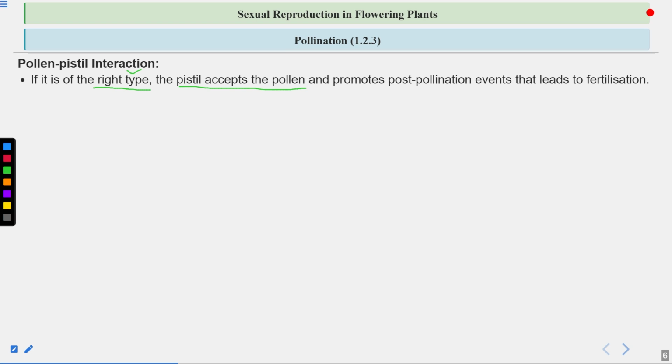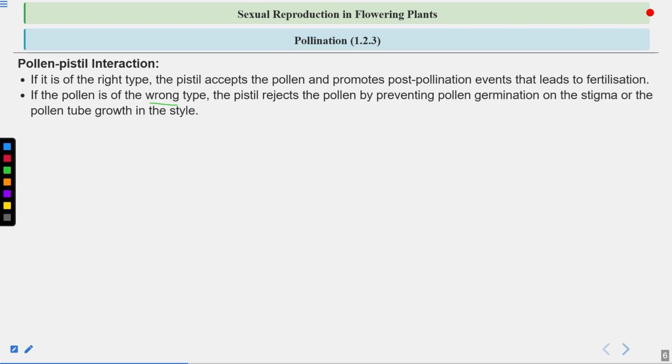Suppose the pollen has the S1 type of gene, then the pistil should be of S2 type if it is the right type. But if they both have the same type of gene, then it will be the wrong type. Okay. So understanding right type and wrong type is very, very important in pollen-pistil interaction.